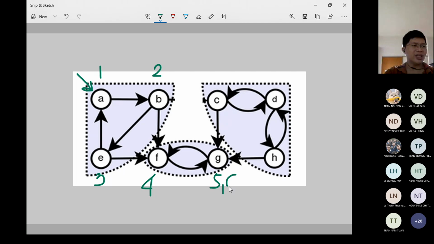We have 6 here. Those are the finishing times. F, we have no way else, we have 7. E, no way else, 8. So we have 9, and we have 10, and we finish with it. We continue with this one. We have 11 for C, 12, and 13. No way else. So we have this one.